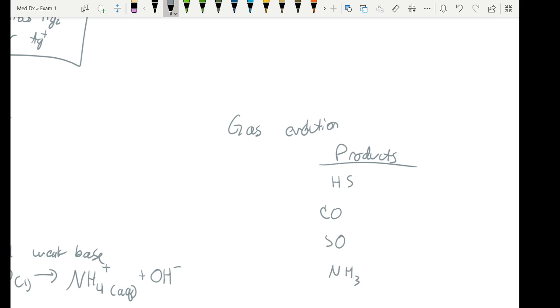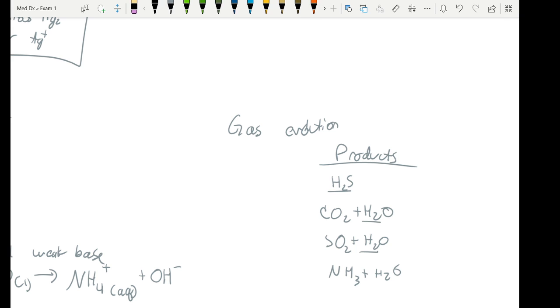So this is going to be H2S, CO2 plus H2O, SO2 plus H2O, and then NH3 plus H2O. You're always going to have at least two H's in all of these products.